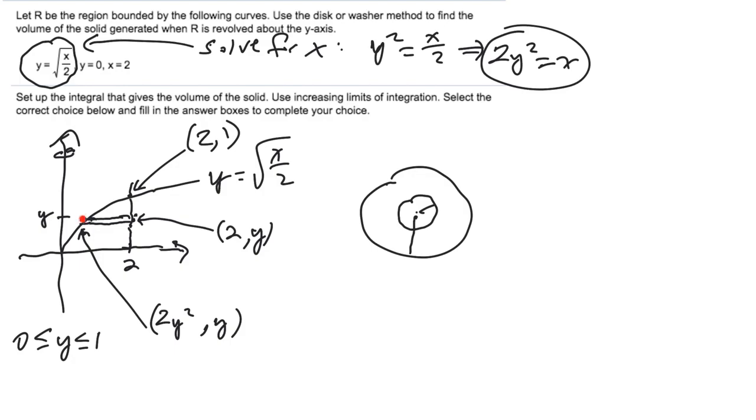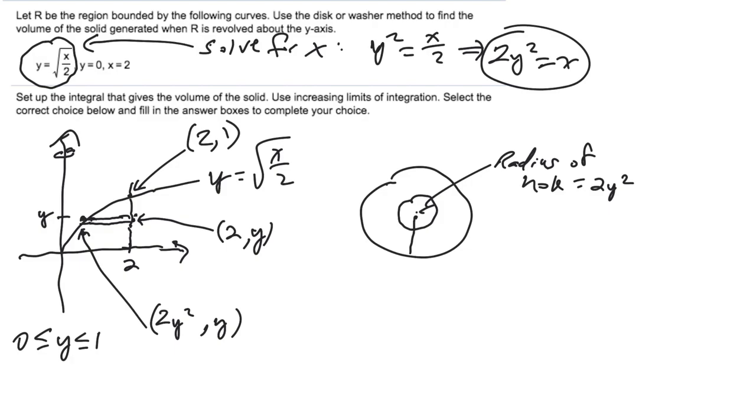The bigger one on the right is the 2y squared. So technically it's 2y squared minus 0, but since you're subtracting 0, that makes it easier. So the radius of the hole is 2y squared.